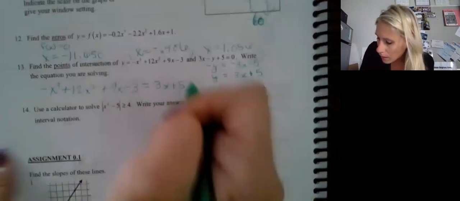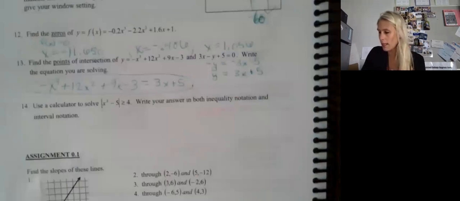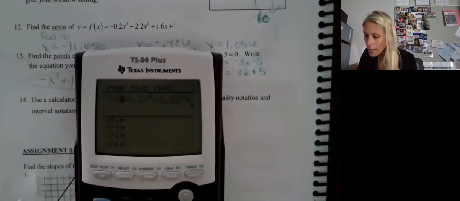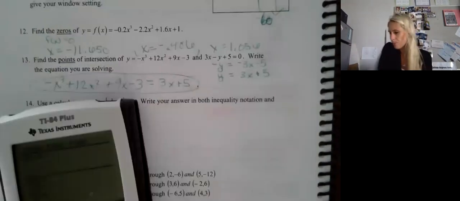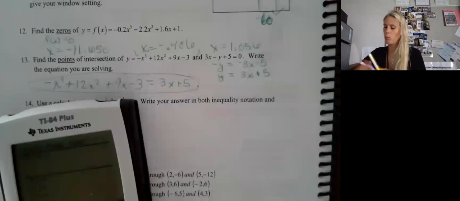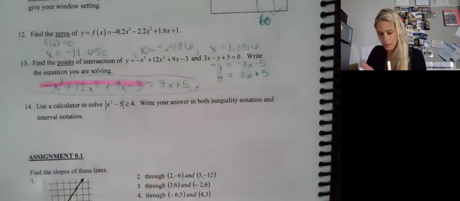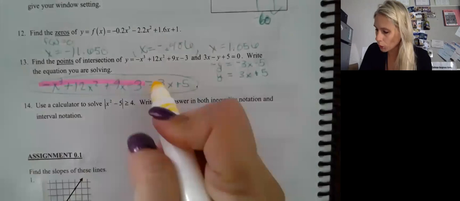Okay. But now I actually have to find the points, right, guys? So we have to go back to our graph, go to y equals, and what you're going to do is put one side of the equation into y1 and the other side into y2. Okay?